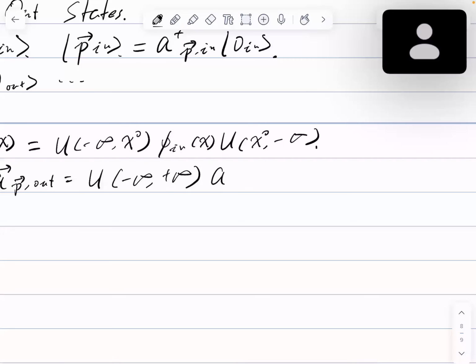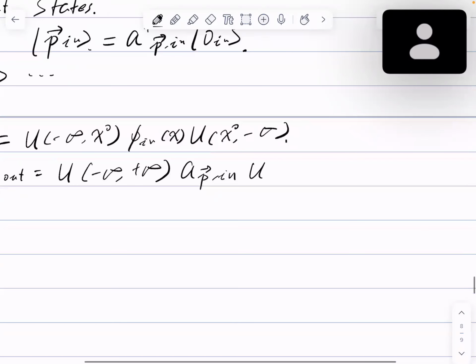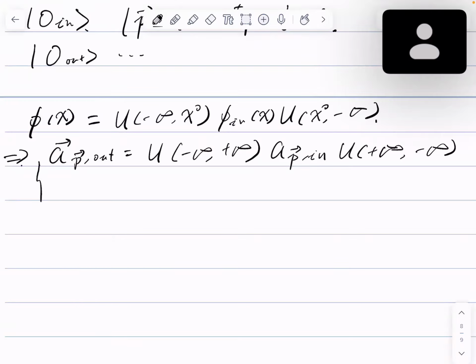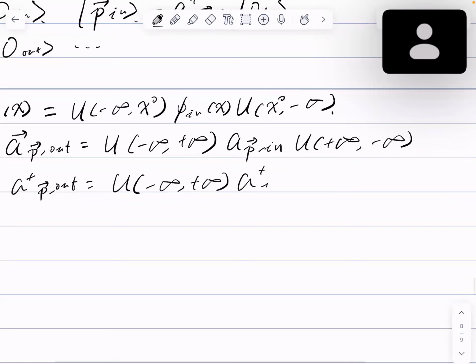It's just a very simple definition. U positive infinity minus infinity. And the same applies for the creation operator, minus infinity, positive infinity, a dagger p in, minus infinity.